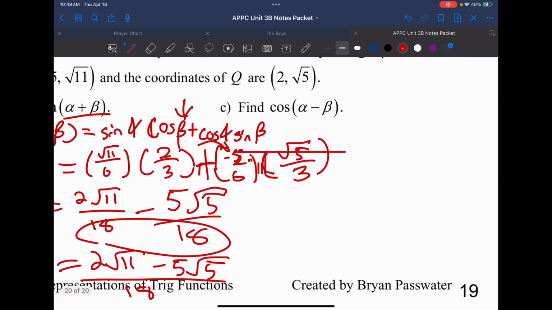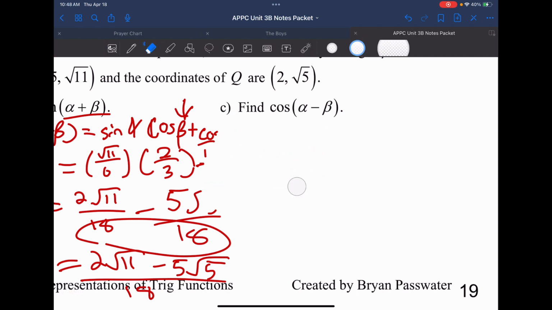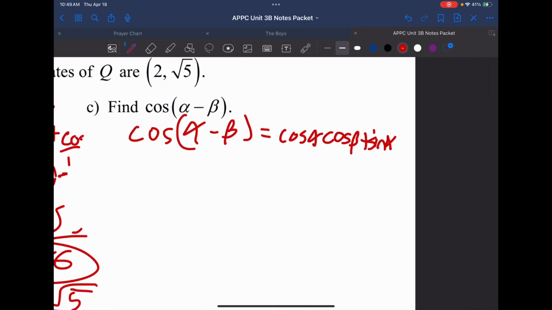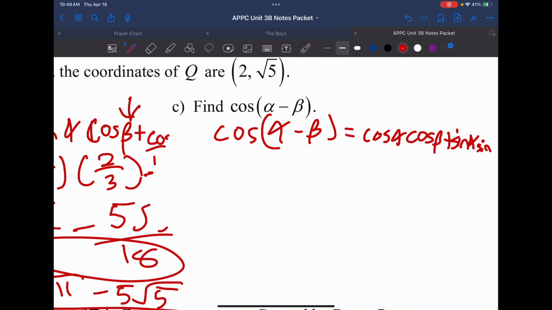Okay, one more. So cosine of alpha minus beta. Cosine alpha minus beta is going to be the same thing as cosine alpha, cosine beta plus sine alpha, sine beta.